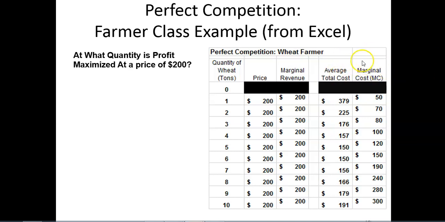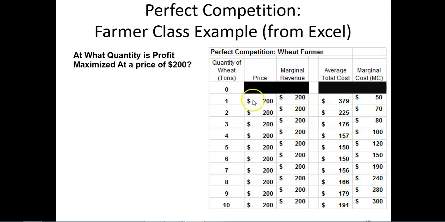So look at the two possible cost informations, one for each answer. Okay, so for each question, at what quantity is profit maximized when the price they can sell their wheat at is $200?